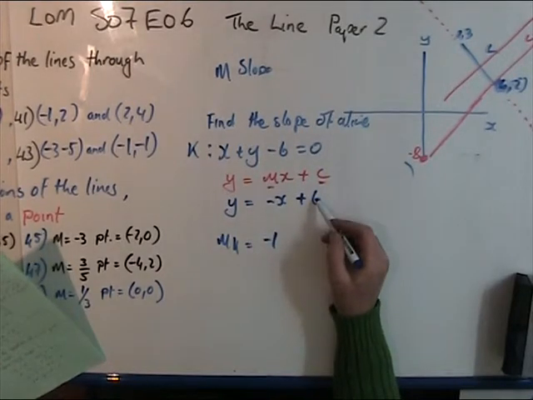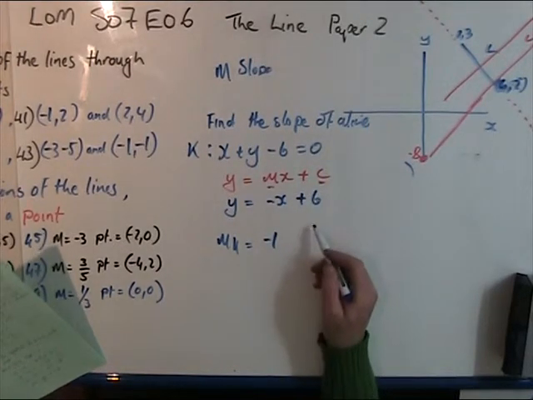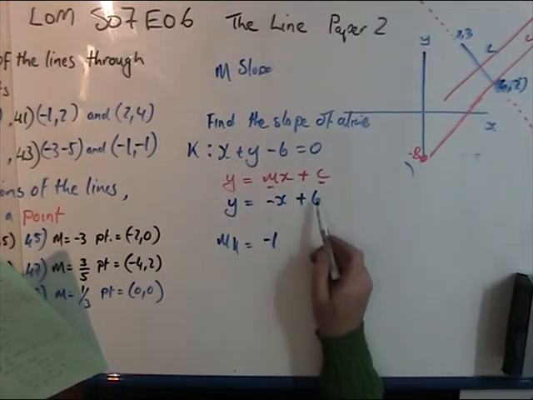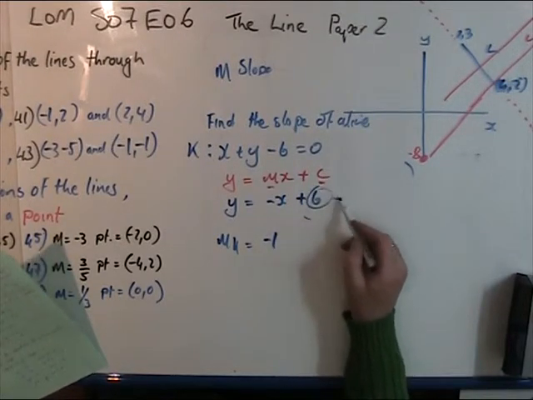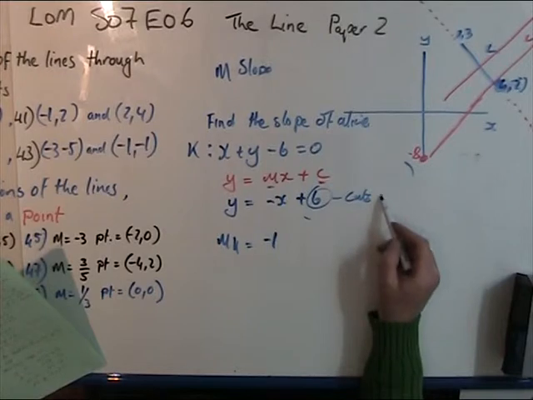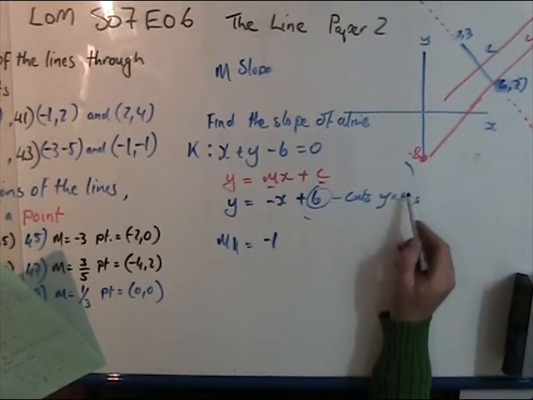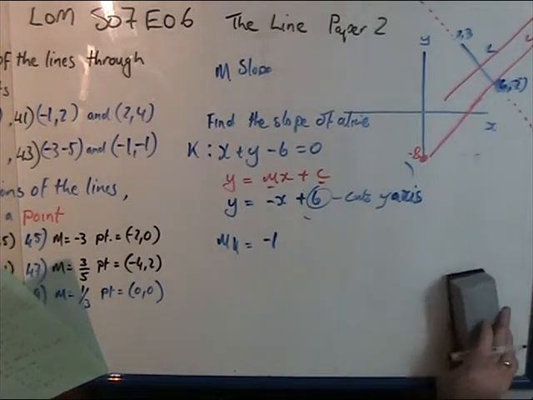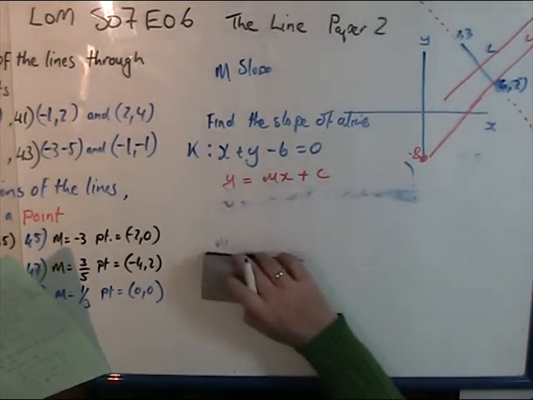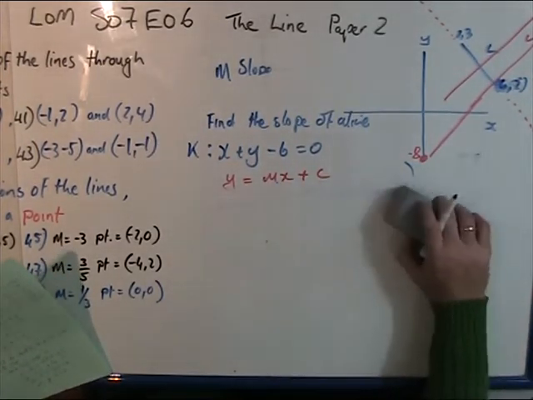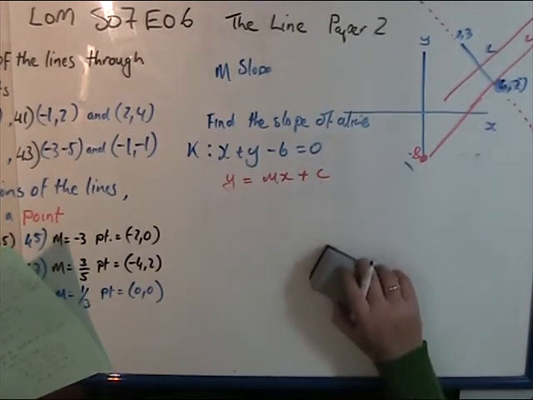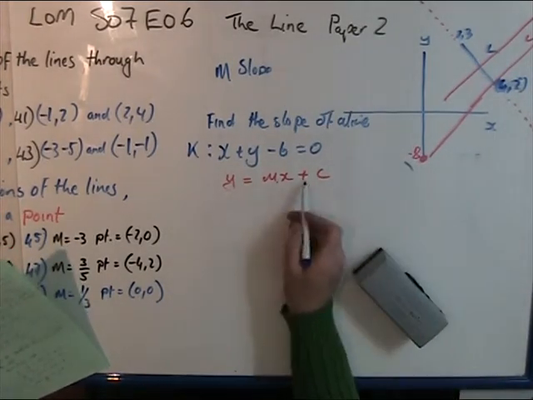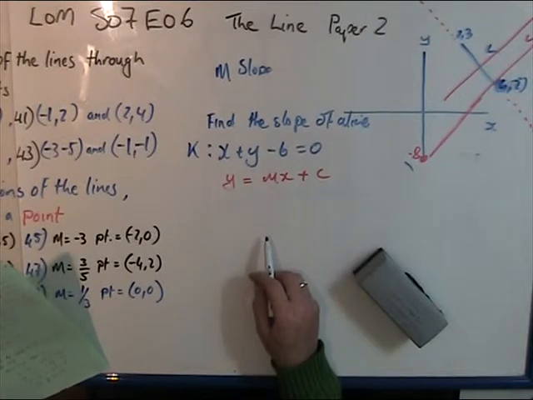Now we know that 6 is the y-intercept, that means where it cuts the y-axis. So that's how you can find the slope of a line given its equation. You can find its slope by putting it in this form, changing the template.